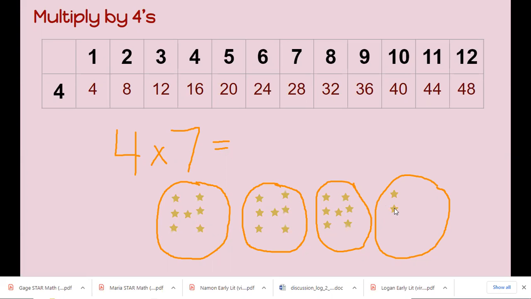Continue putting 7 stars in each group until all 4 of your groups have a total of 7 stars in each group.